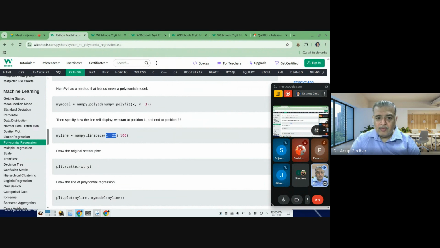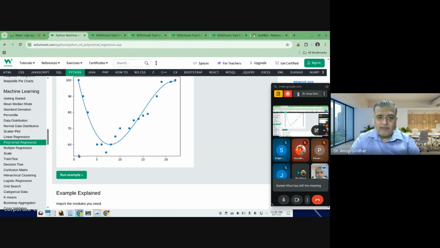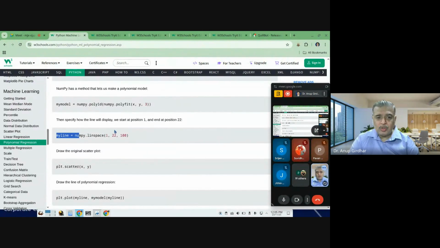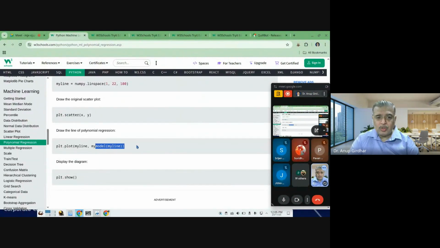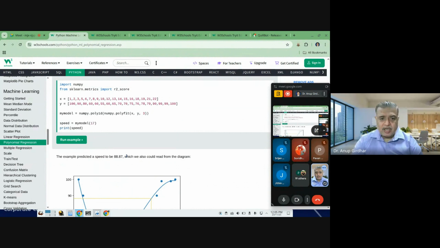So at this stage you have 1, and close to 22 is where you stop. So the starting point, ending point, and the relation for the x-axis is what your data set gives. Then draw the scatter, place your data set and show the output. So this is your diagram. Clear? This is how you can proceed with the model.